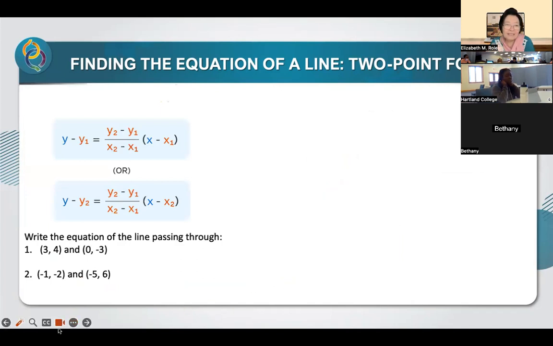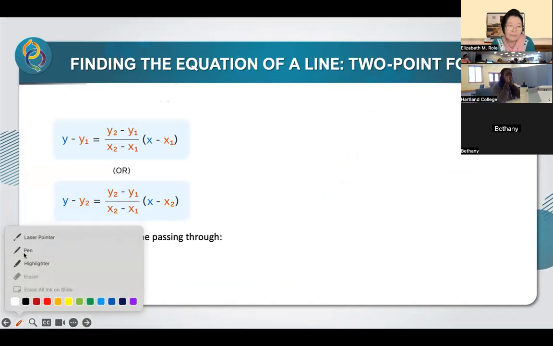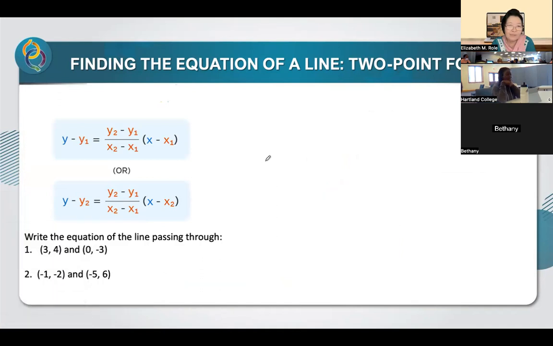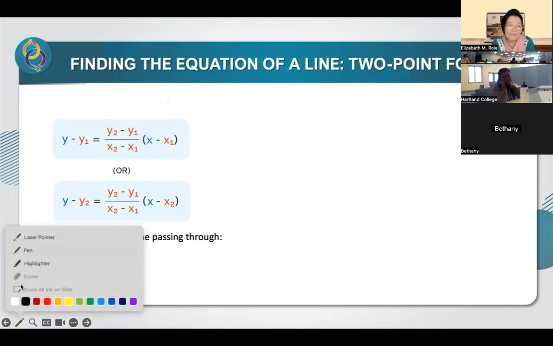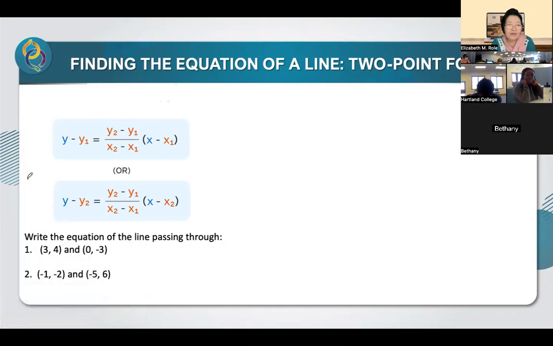All right, so just to illustrate this once again, I want to find the equation of the line passing through these points. You help me, tell me how to put in all the values. Let's just use this equation, the first equation.